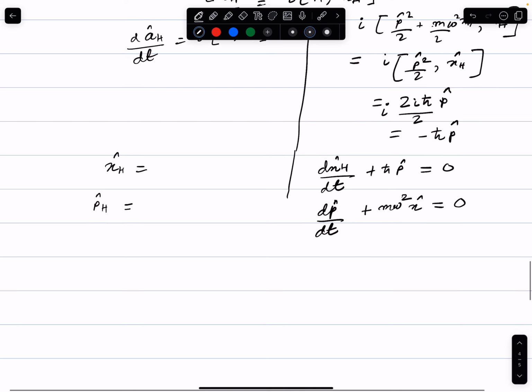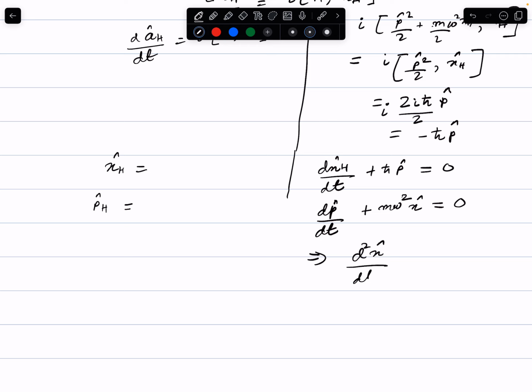And so if you take the second derivative of this, you will find d2x/dt2, and using this to replace the other term, you will find a minus sign, and so you will find an equation like this. m will cancel out, you will get d2x/dt2 plus omega squared x equals 0.